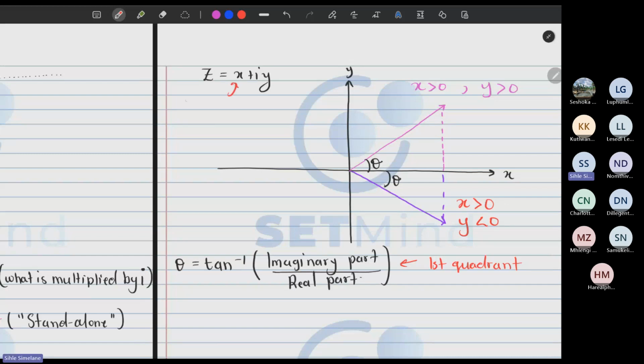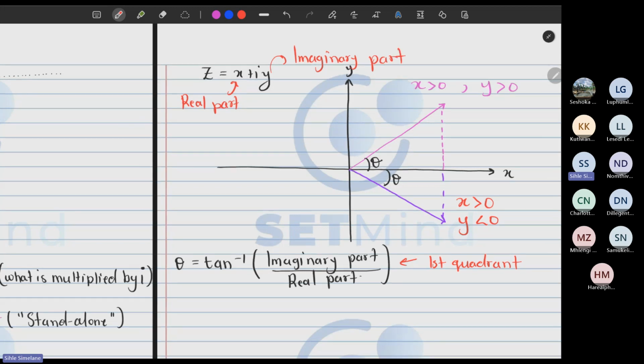So remember, x is the real part, and y is the imaginary part. Now we're done with the fourth quadrant. On the fourth quadrant, your theta is still that.